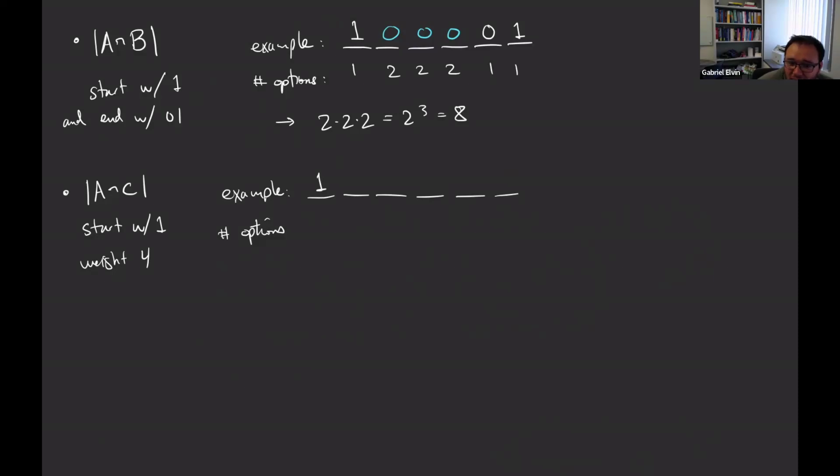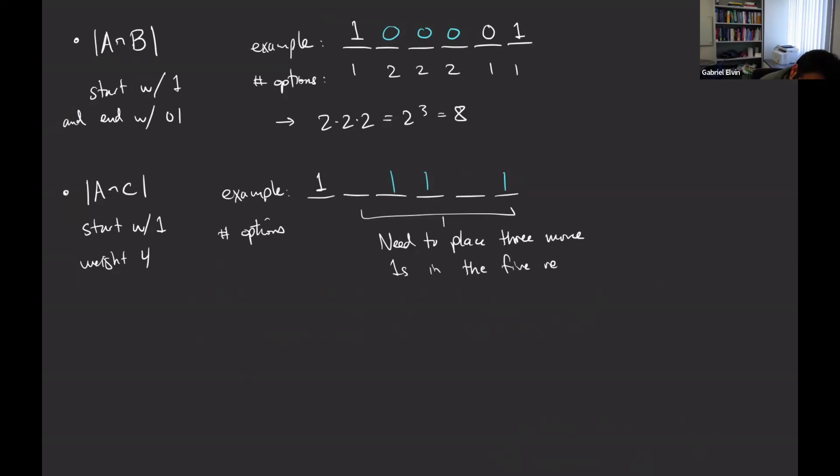So I'm left to distribute 3 more ones among the last 5. So I need to place 3 more ones in the 5 remaining positions.